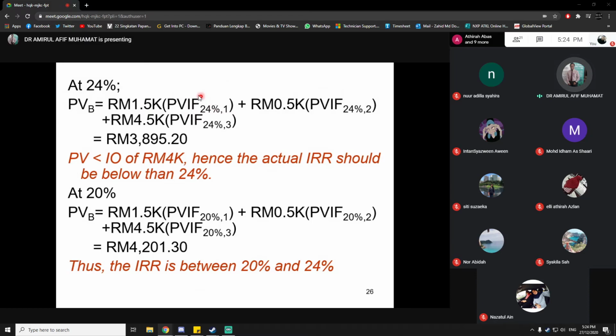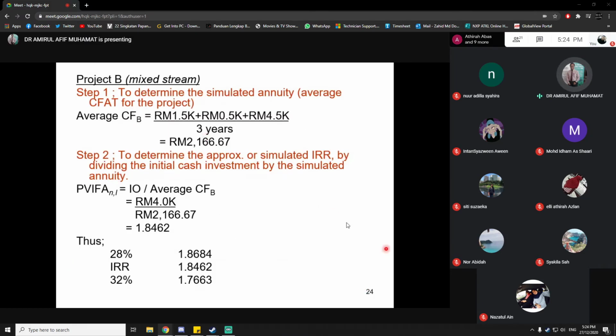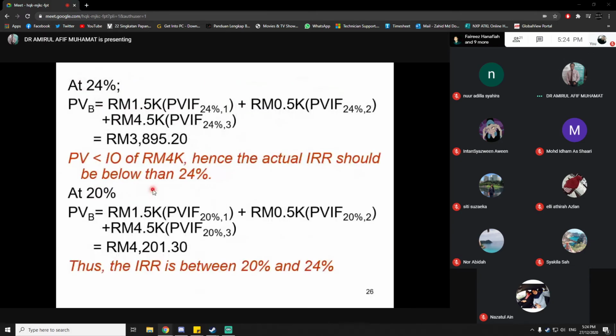This one is not an annuity; the annuity is in the second step here. When you do this trial, you use the ordinary present value interest factor. So find the factor at 24% for the first year, 24% for the second year, 24% for the third year. You find the total amount, and you get 3,865 ringgit 20 cents.